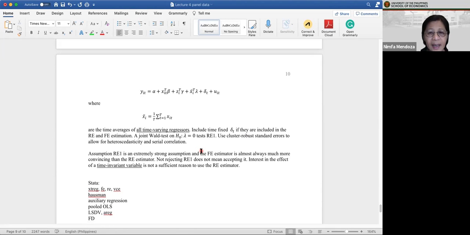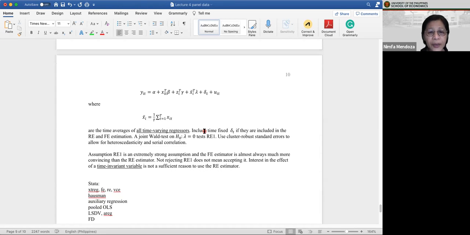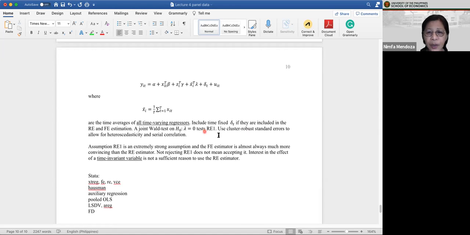Then how do you do this test? You run the OLS, then post estimation, you test whether the coefficient here is equal to 0. To do this test, because we want to allow for heteroscedasticity and serial correlation, use cluster robust standard errors.